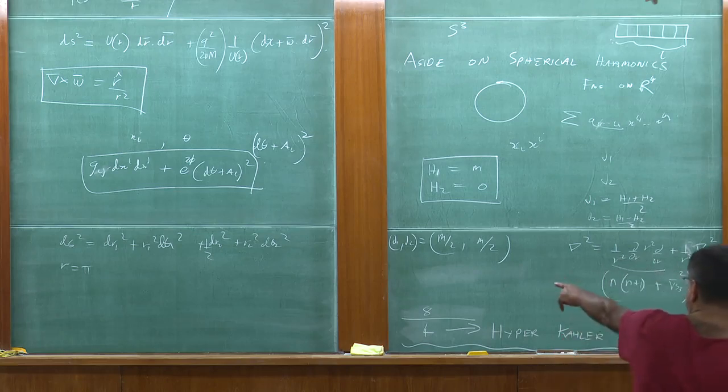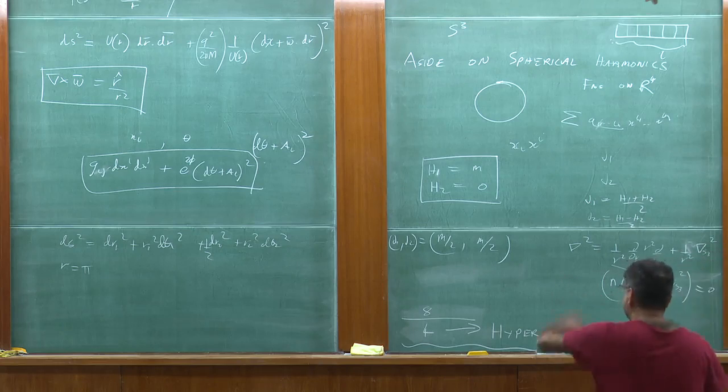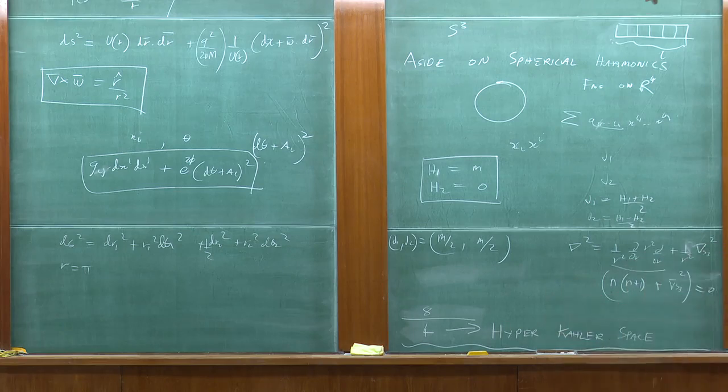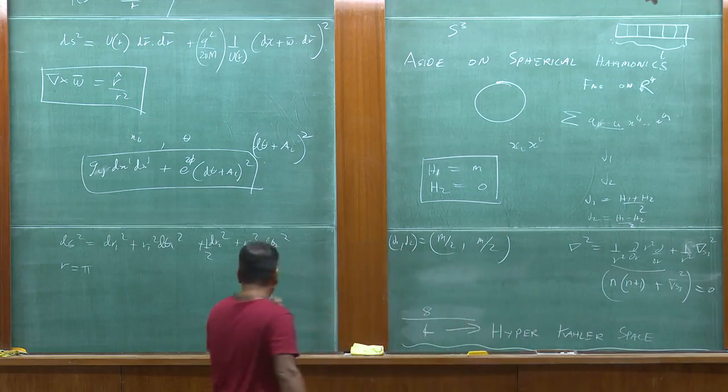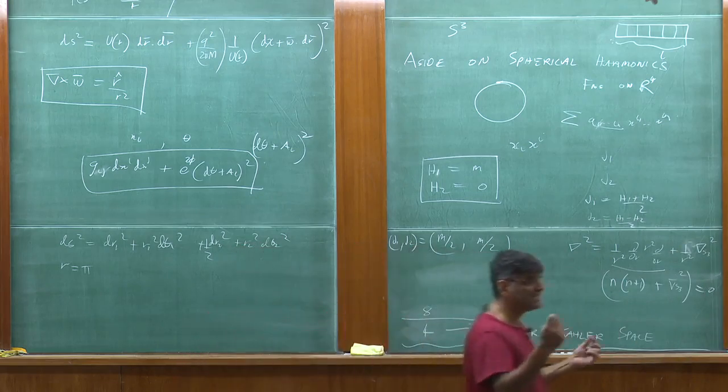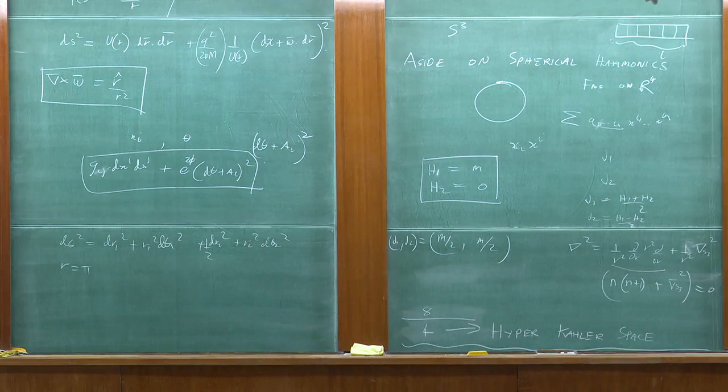Right, the full metric is much more complicated. This metric is very simple, there are no hypergeometric functions here. The full metric has hypergeometric functions. Okay, good. But the important thing is that there are two places where you will need to give human attention. One is r equals pi, the other is r equals infinity. Now, human attention for what?